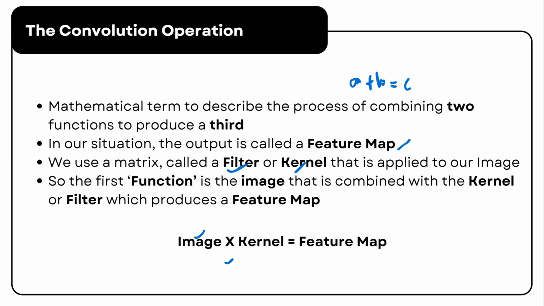Convolve with a kernel or a filter, and that produces our feature map. So this one, image convolved using a kernel, will produce a feature map. This is just mathematically what I'm describing here. So it's quite a simple concept.